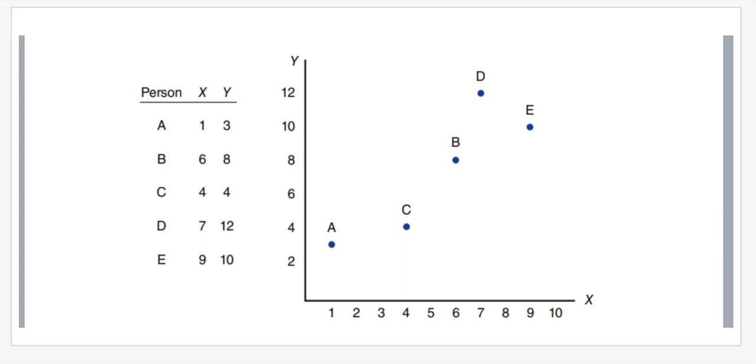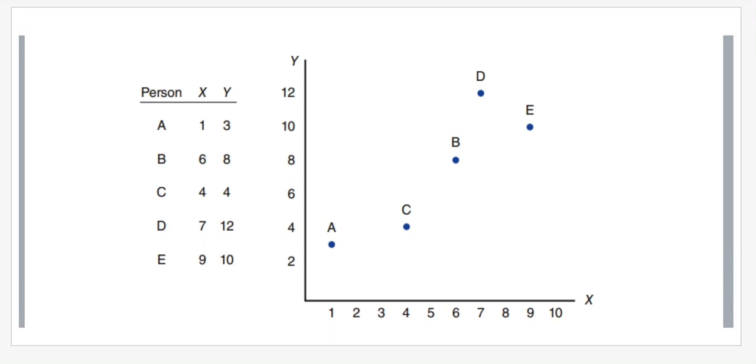And on the right here is our scatter plot. You see our little dots. Along the bottom, that line is called the x-axis, where it says 1, 2, 3, 4, 5, 6, 7, 8, 9, 10. That is for the variable X. And then the vertical line that says 2, 4, 6, 8, 10, 12, that's the y-axis, for the Y variable.